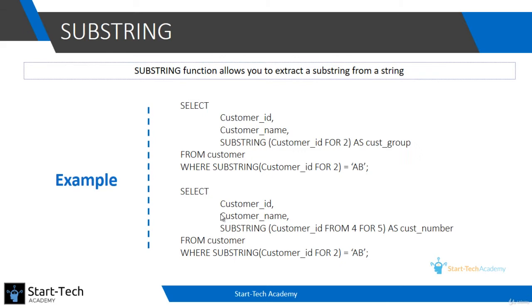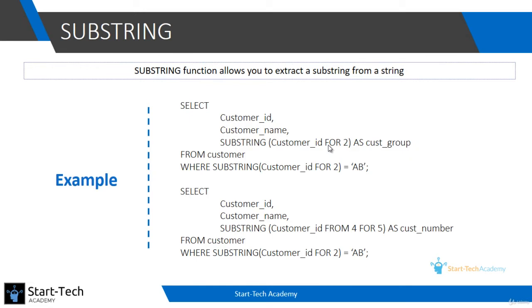So with the first select statement, I am writing customer ID, customer name, and I'm getting the substring, the first two characters of the customer ID. You can see the syntax here, substring, I'll mention the column name, for two. I have not mentioned from because by default it will be the first character.